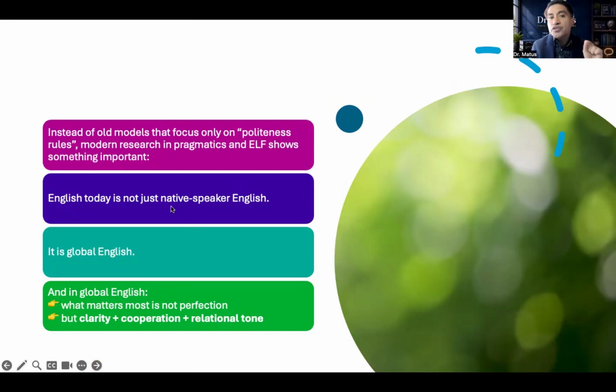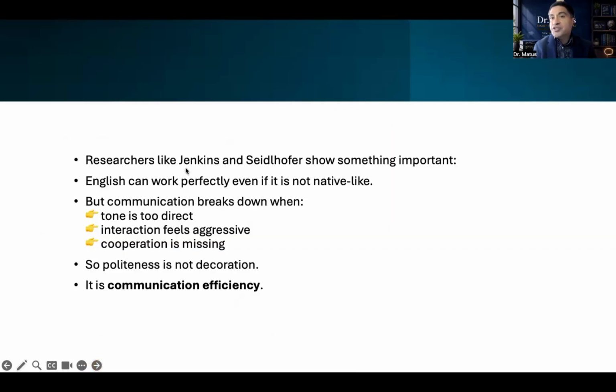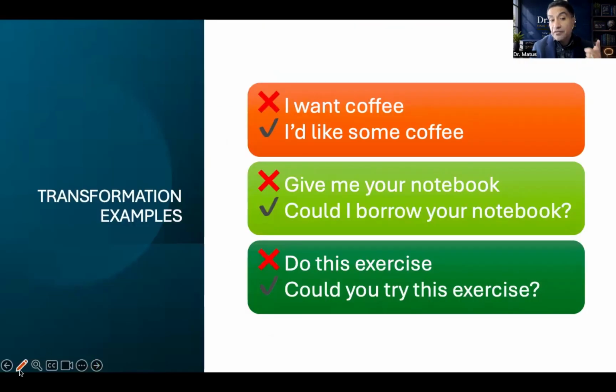English today is not just native speaker English, it is global English. And in global English, what really matters is not perfection, but clarity, cooperation, and also relational tone. Researchers like Jenkins and Seidlhofer show that English can work perfectly, even if it is not native-like. But careful, communication can break down when tone is too direct, interaction feels aggressive, and cooperation is missing. So politeness is not decoration when you learn the language, but it is communication efficiency.